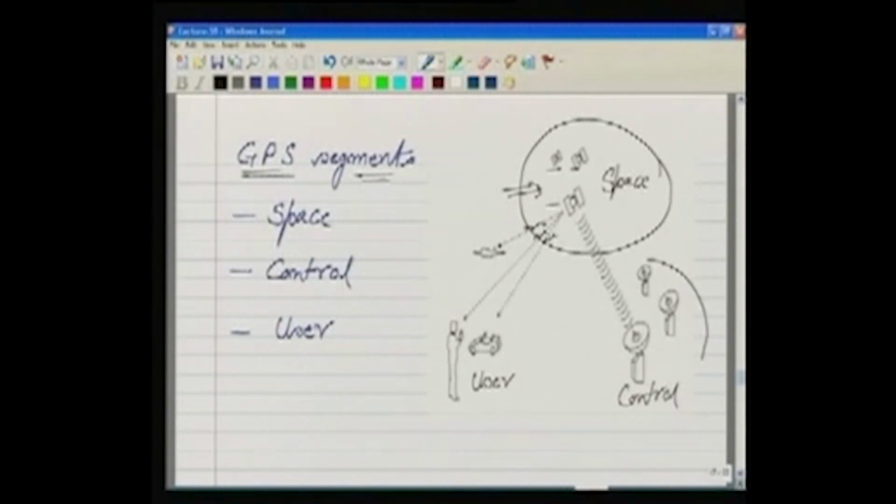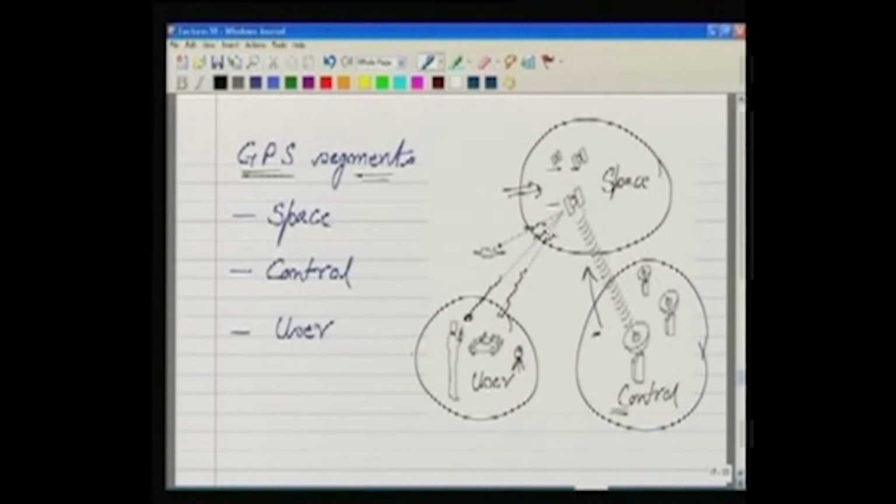Then in the case of the control segment, the monitoring of the satellites, recording of the ephemeris, and transmitting the ephemeris to the satellites are all part of the control segment. Then finally the user segment. The user is receiving the signals on his receiver. The receiver could be handheld, could be on a car, could be on a tripod, and the user is doing all the computations in order to arrive at his location.